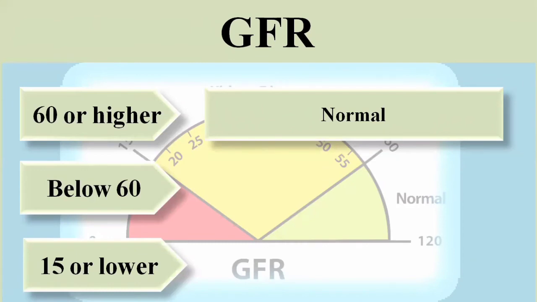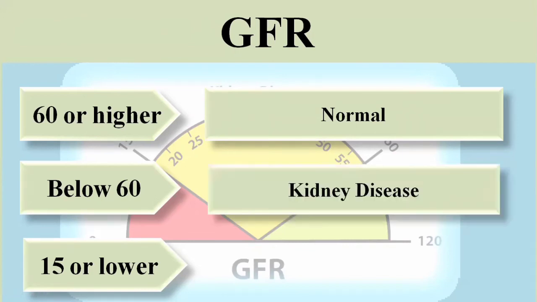So for healthy kidneys and healthy nephrons, the glomerular filtration rate values must come between 60 and 125 milliliters per minute. But if the glomerular filtration rate is below 60 milliliters per minute, from 60 down to 15, but not that low, then those values indicate some kidney disease, because the filtration process is not normal.